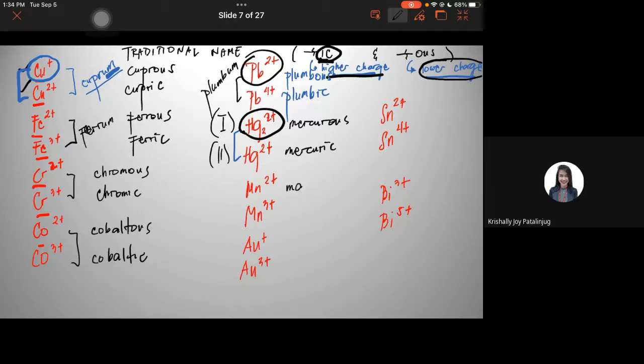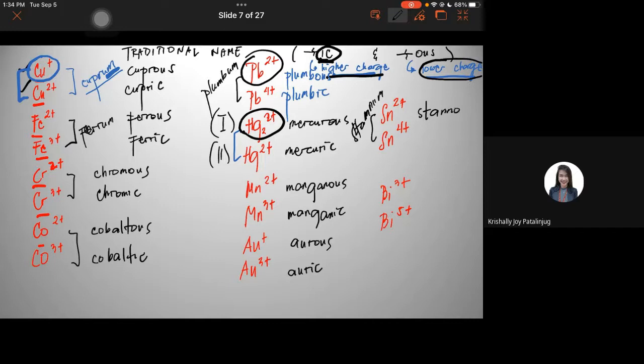Next, this is manganese, manganic, and then aurous, auric. Kindly add this in your notes. And then for tin, it comes from the Latin name stannum. So we can extract the names stannous and stannic.